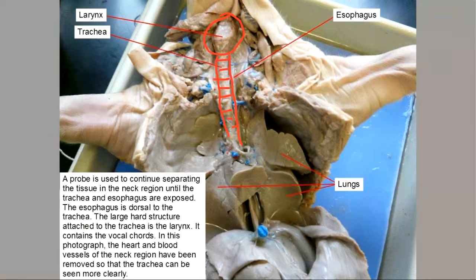Underneath the trachea is the esophagus. So dorsal to the trachea is the esophagus. It's closer to the back, and the trachea is more ventral. It's closer to the belly, and that's this thing.